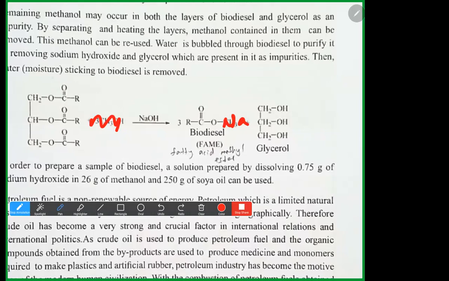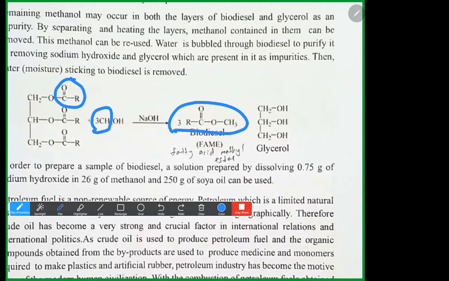Just dissociating these esters, the sodium salts of these fatty acids are soap, but this time you are making another ester. Addition of sodium hydroxide. This is breaking, and now this is the biodiesel part. This part plus this is the biodiesel.